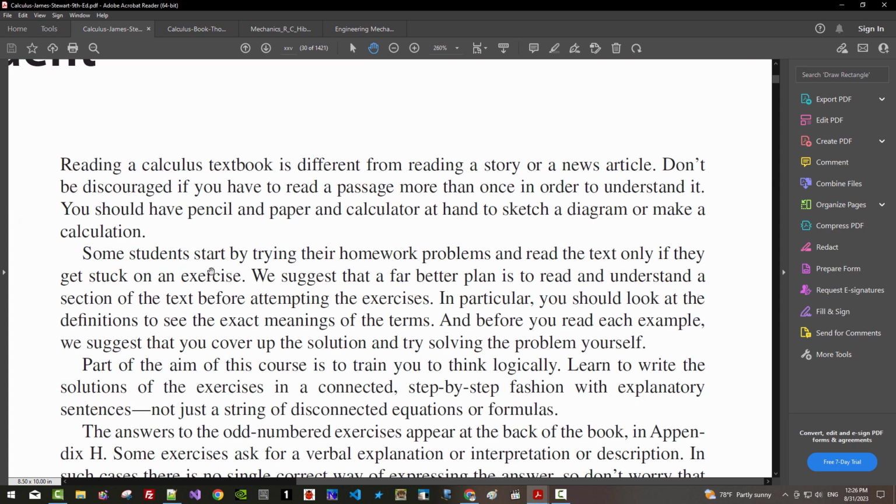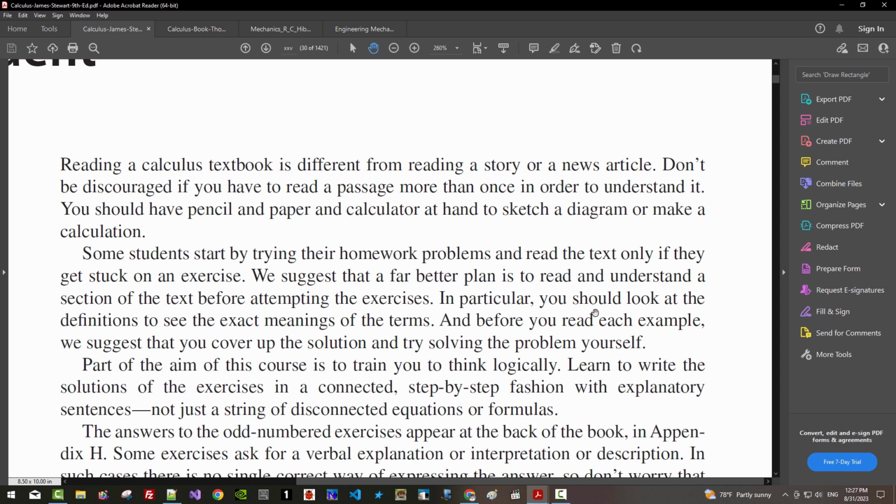Some students start by trying their homework problems and read the text only if they get stuck on an exercise. We suggest that a far better plan is to read and understand a section of the text before attempting the exercises.